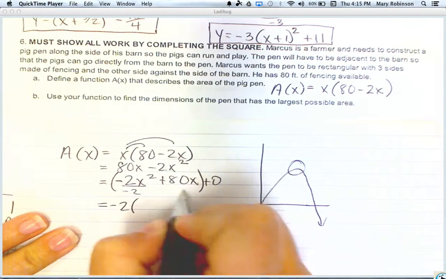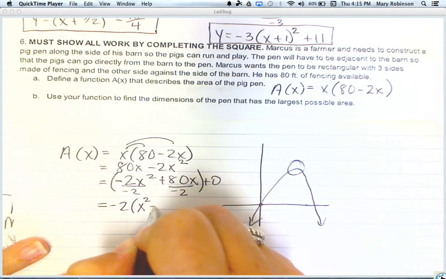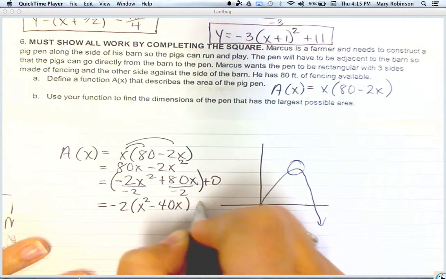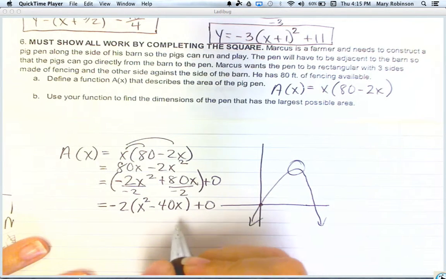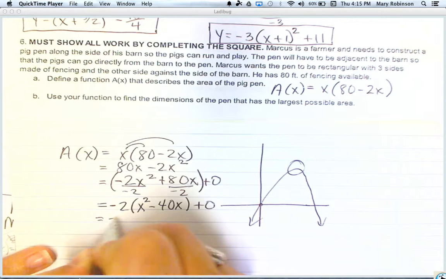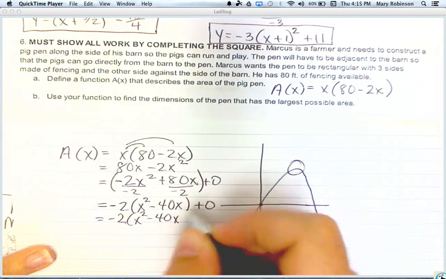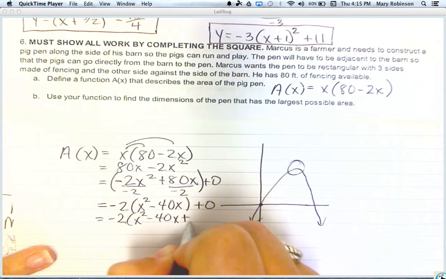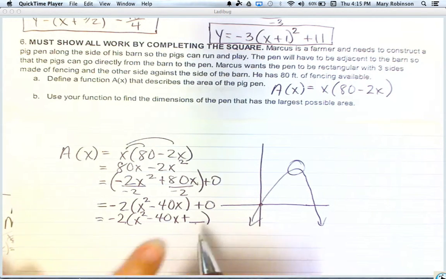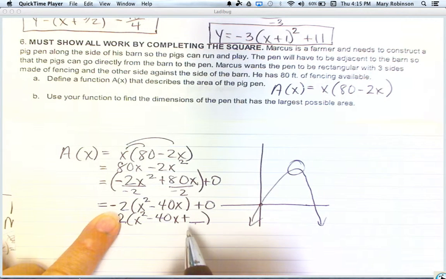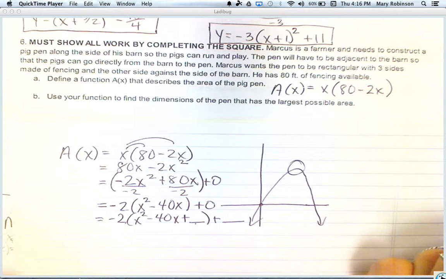When you divide both of these terms by negative 2, you get x squared minus 40x. So notice these are equivalent functions at this time. To complete the square, we need to add in a value that will create a perfect square trinomial. So we need to add a blank here. But recall from earlier, if your leading coefficient is negative, you're always going to add at the end.